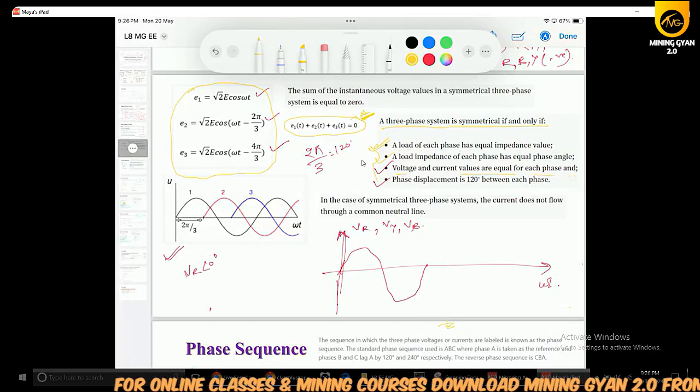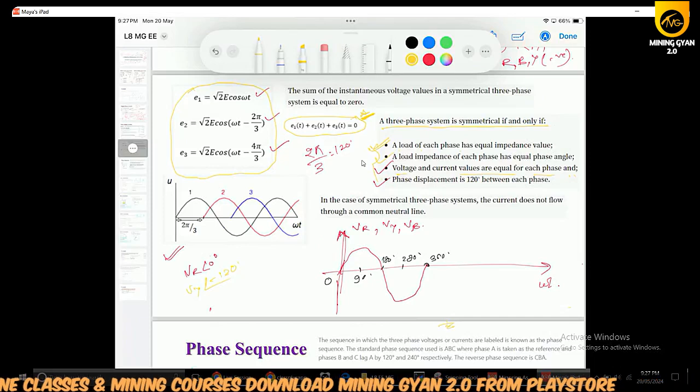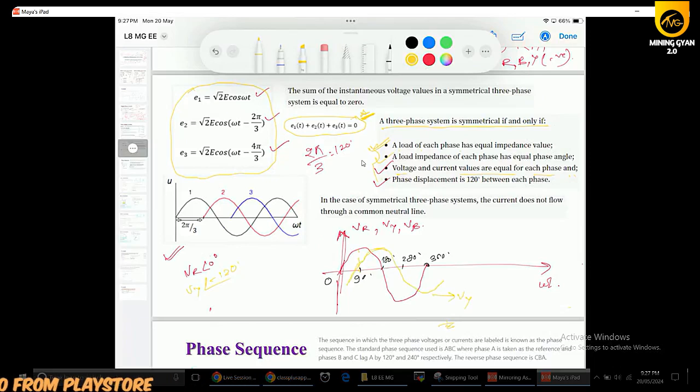Then VY, yellow, at an angle of -120, means Y phase voltage is lagging behind VR voltage by 120 degrees. If this is 0, this is 90, this is 180, this is 270, and this is 360, VY will start from here and get its maximum value at 120 degrees. So a 120-degree phase lag will be there.